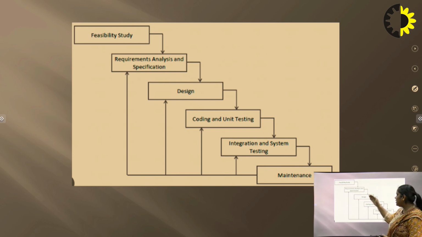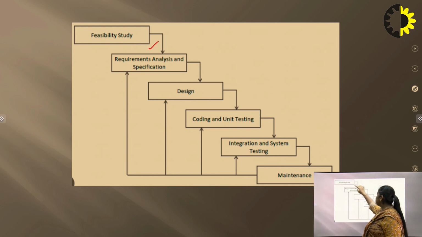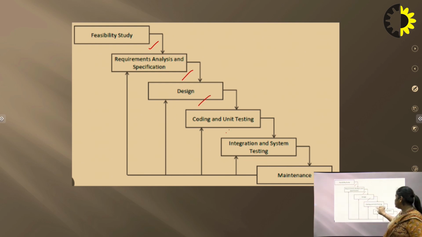With the help of a diagram, we will try to understand that just like the classical waterfall model, in an iterative waterfall model we also have the same steps: feasibility, requirement, design, coding, unit testing, integration, system testing, and maintenance. But here we have an advantage as compared to the classical waterfall model.